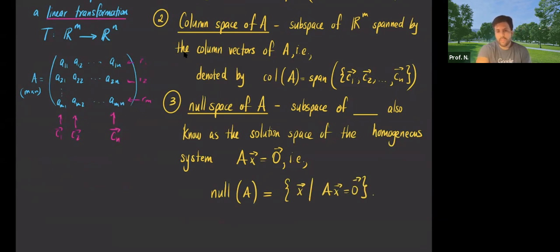Now, is this a better reason? With this definition, is it better understood as to why the null space of A is a subspace of Rn and not Rm? Why does it have to be Rn, not Rm?